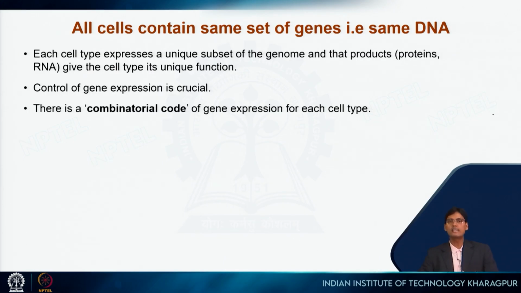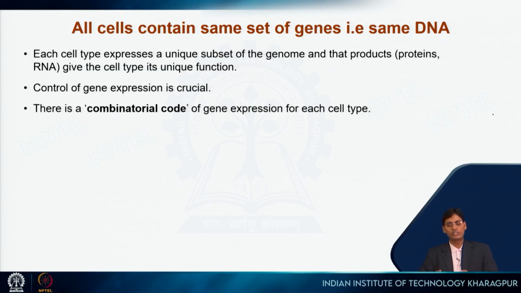But still they are behaving differently. They are going into different options, and they are making specialized cells and organs in our body, right? Because each cell type expresses a unique subset of the genome, and its products, I always mention products mean here RNA and proteins, give the cell type its unique function.